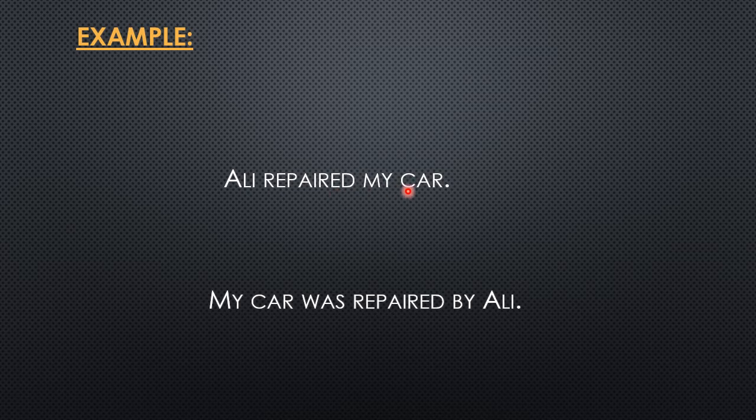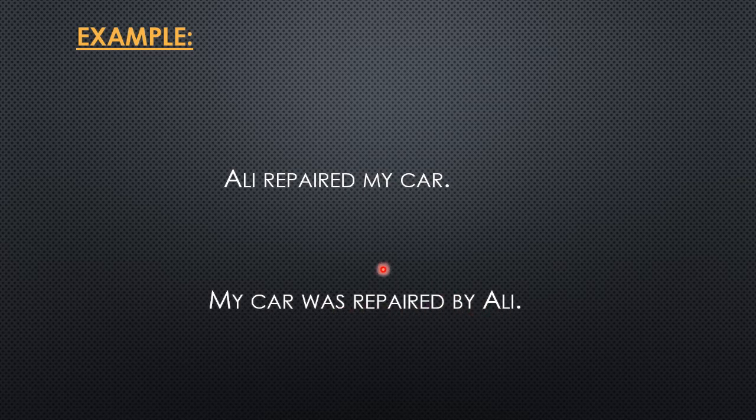Ali repaired my car. So, in this sentence, Ali is the subject. He is repairing a car. Okay, and car is an object, the thing that the subject is acting upon. Understand? And its passive is, my car was repaired by Ali.